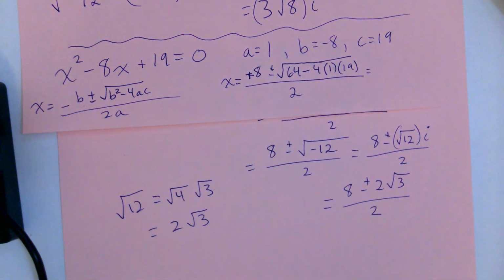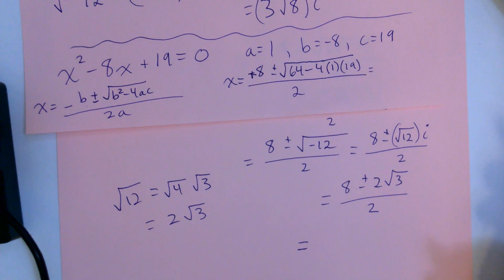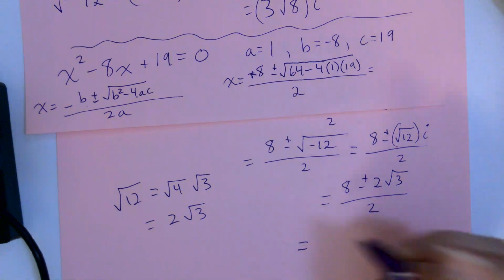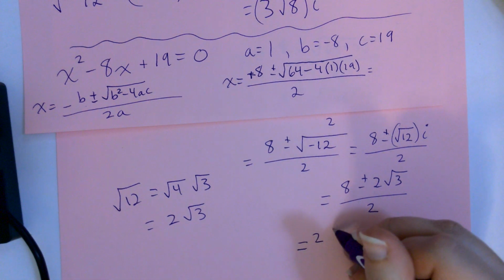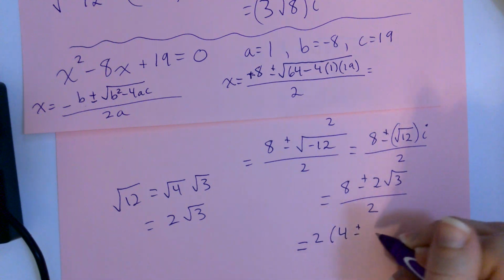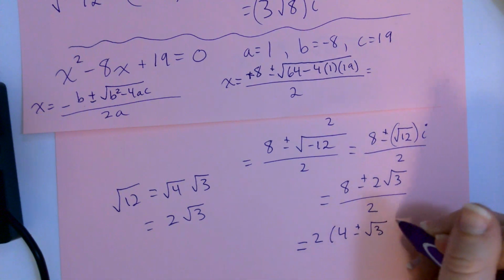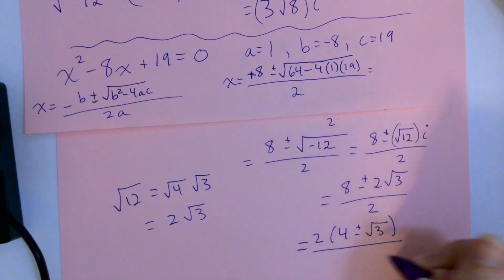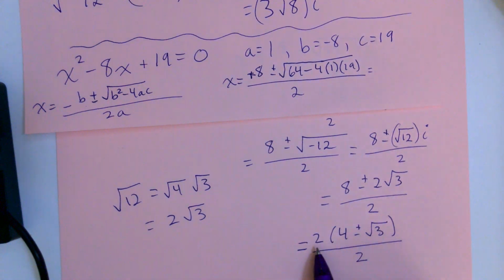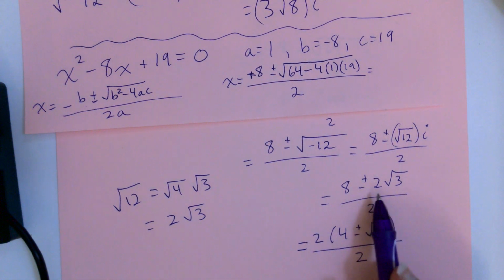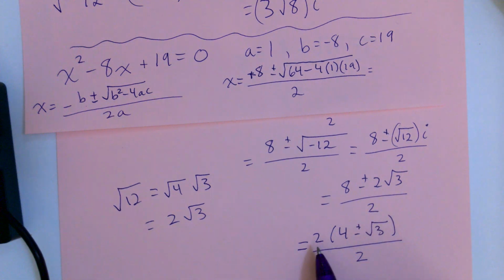And we can actually continue simplifying. Don't worry if you're not sure how to do this yet, but we can continue simplifying if we pull out a 2 from the top. We're kind of doing the reverse of distributing here. So if you distribute this 2 back through, you'll get what's up here. I just took out a 2.